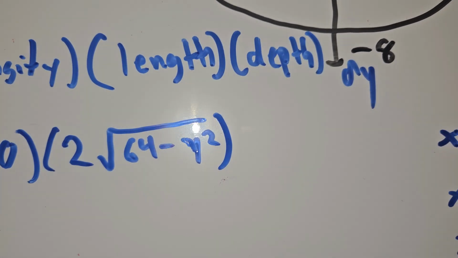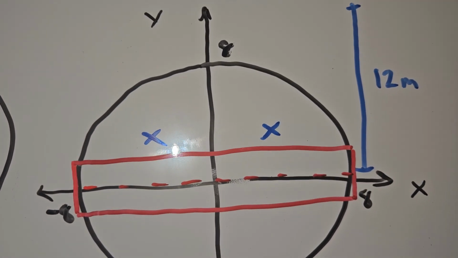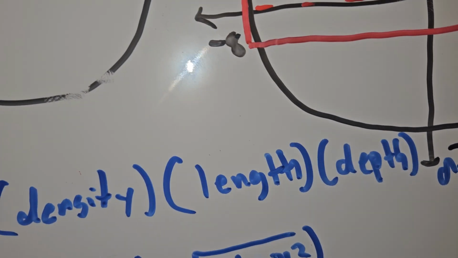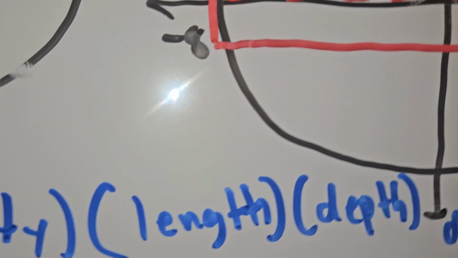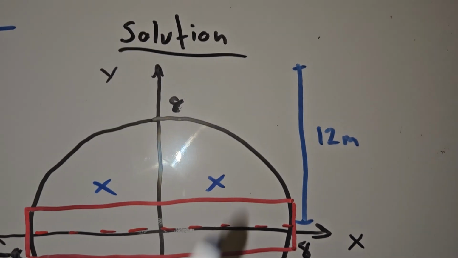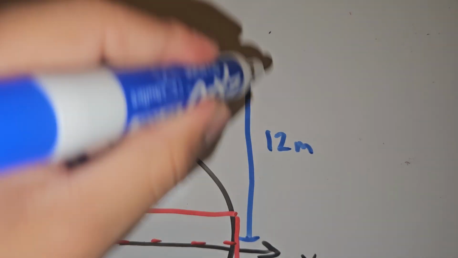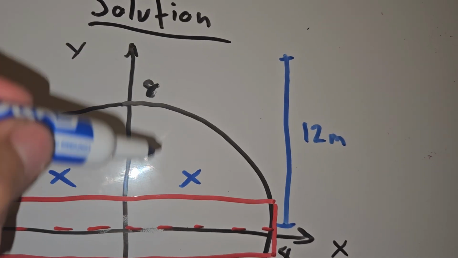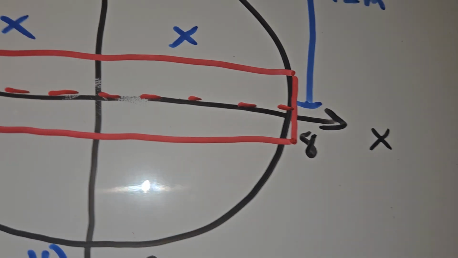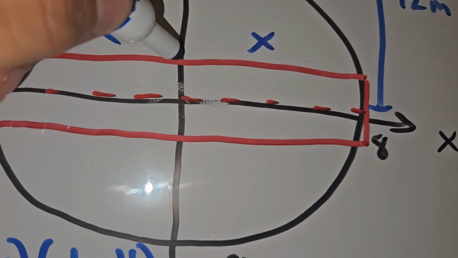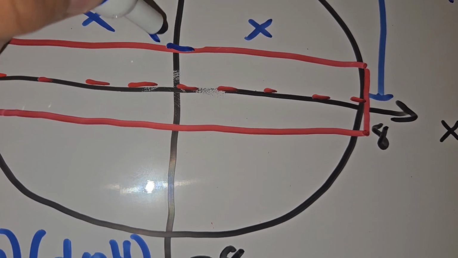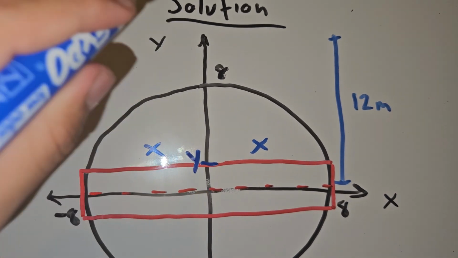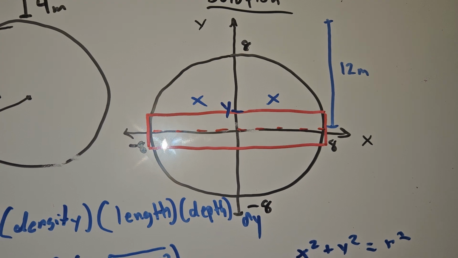Now what's our depth? This is our depth, right? The whole thing is 12 meters, minus whichever point this rectangle is at. Let's say this is your point Y. I forgot to label that, but let's just say that's Y, any point in the y coordinate.